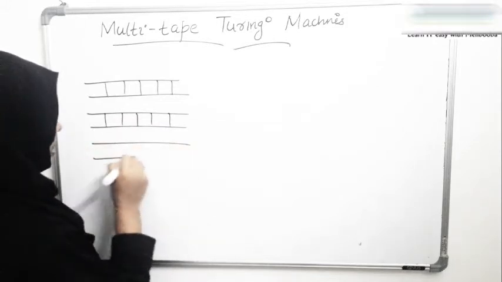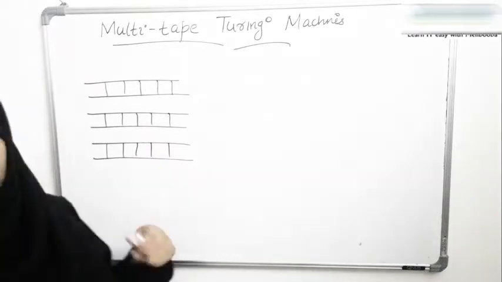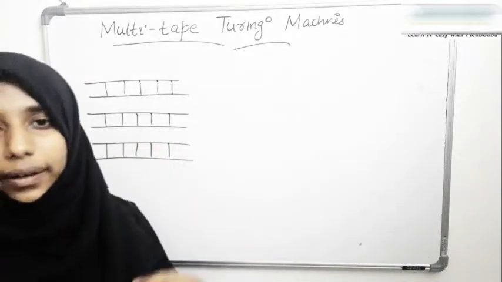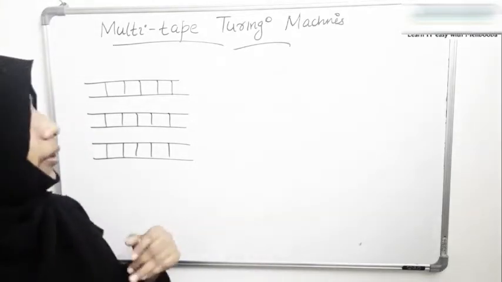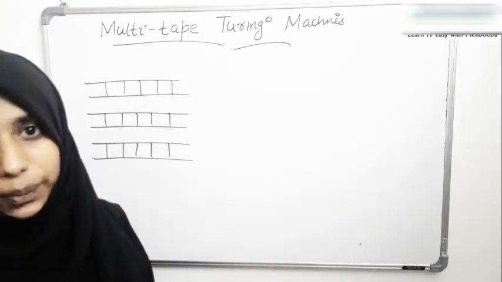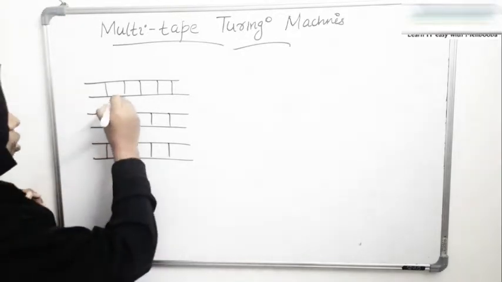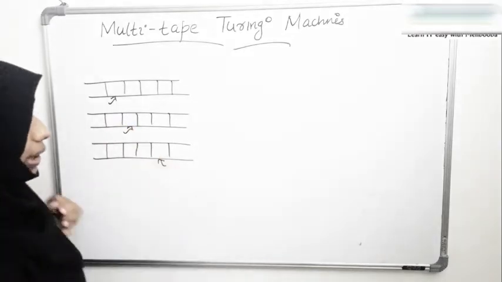For example, one tape will be the input tape, one tape will be the output tape, and the rest of the tapes will be the workspace for us to do different computations and keep the intermediate results. Each tape has a tape head, and the tape heads can read and write.